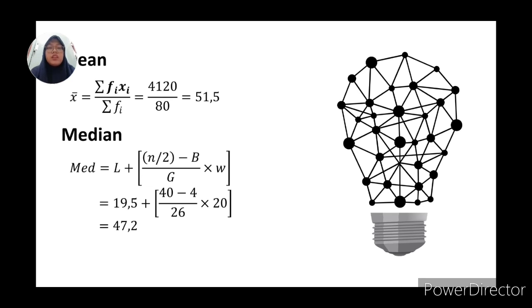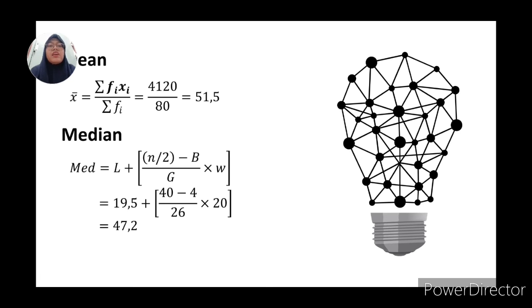I'm going to explain it. L is the lowest class boundary of the median group. N is the total number of data, and B is the cumulative frequency of the groups before the median group. And G is the frequency of the median group, and W is the group weight.